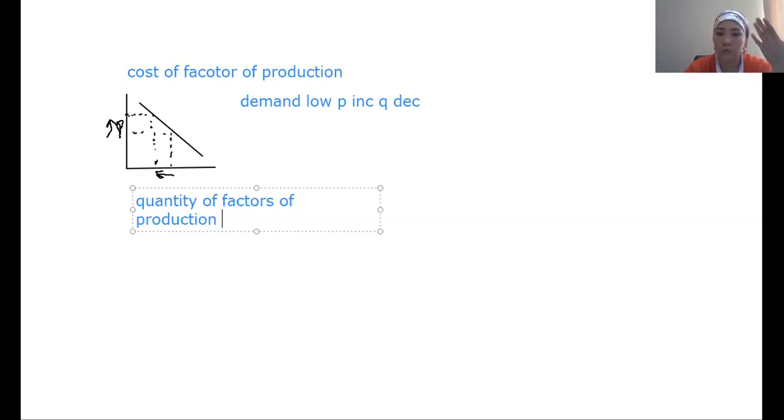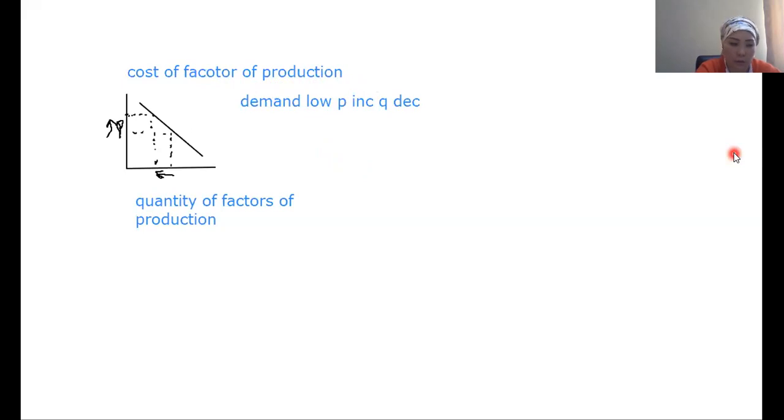So the cost was decreased. According to the first determinant, the cost of production, the demand has to increase, right? And actually it will, because we know that the quarantine one day will stop and the manufacturers will renew their activities and the demand will rise, right?